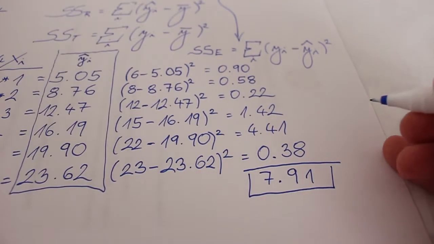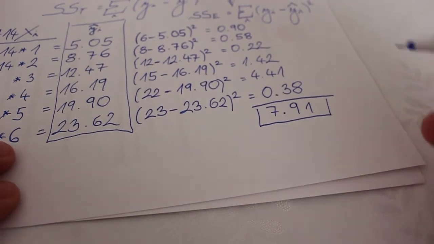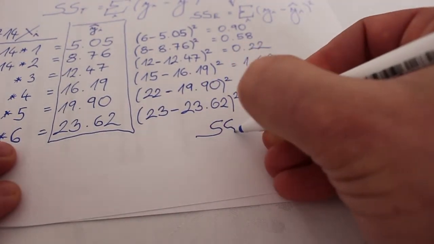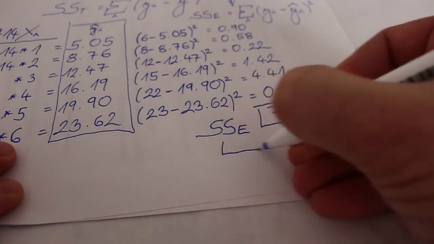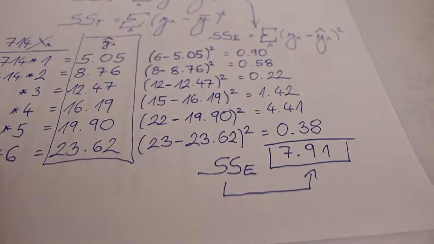And this calculated bonus is the error sum of squares.